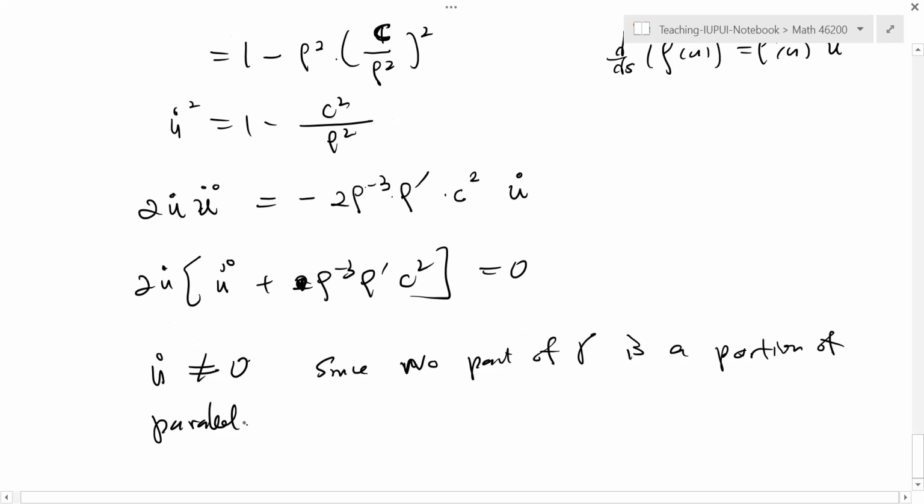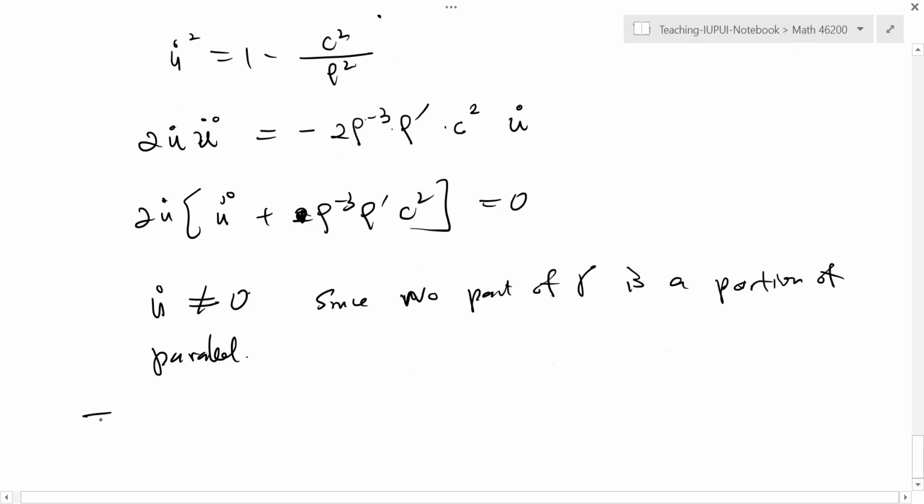If u dot is 0 on some small interval, then u is a constant, and then that becomes a portion of the parallel. So that implies u dot is not 0.